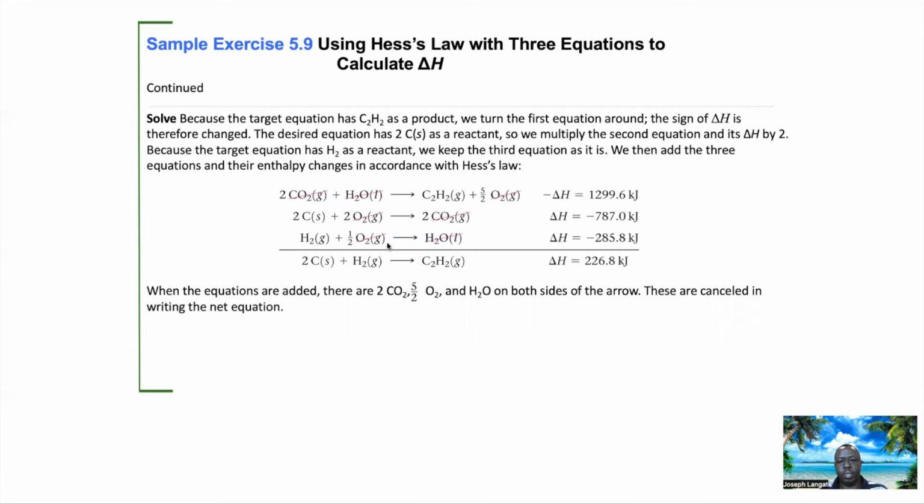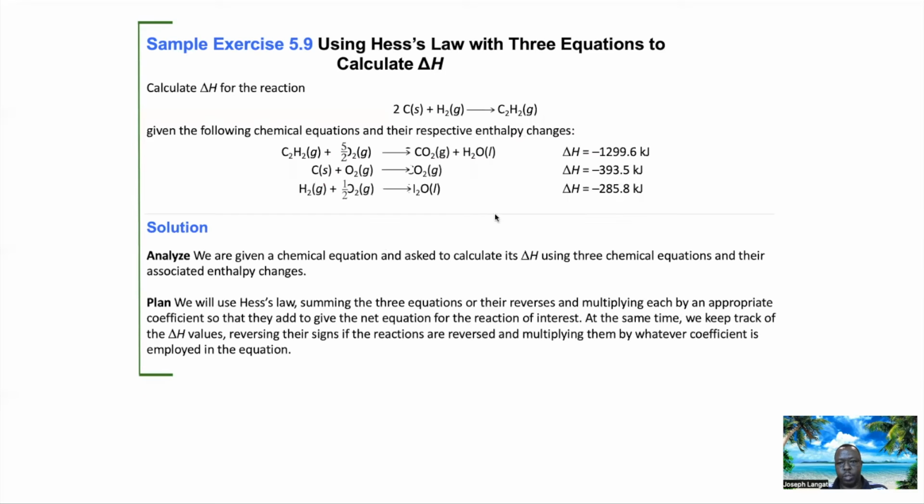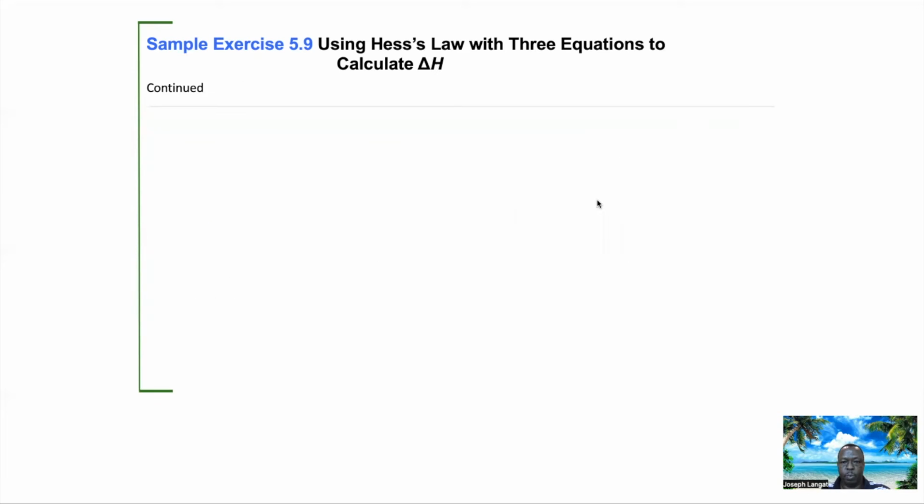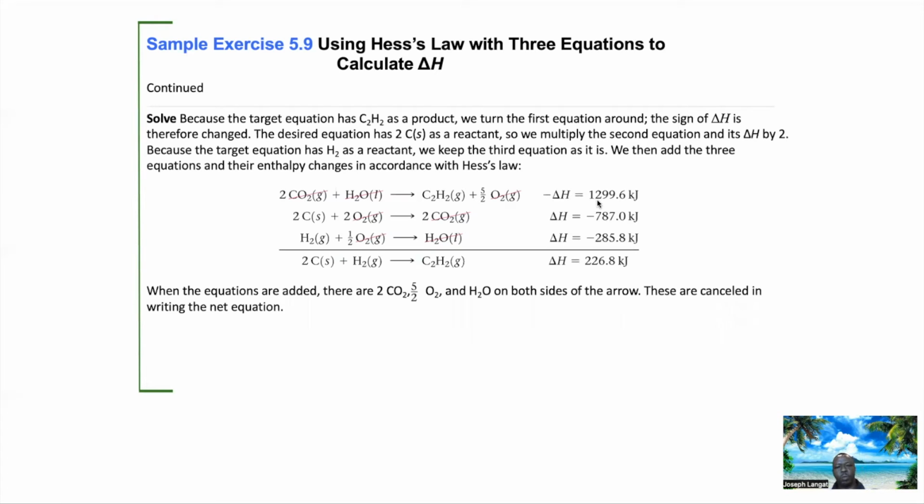This one is just the way it is. I don't think we had to do anything with equation 3 because hydrogen here is the same as hydrogen here. So we leave equation 3 the way it is. Now we cancel what we can cancel.